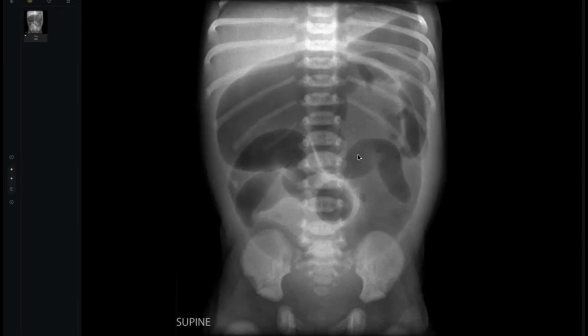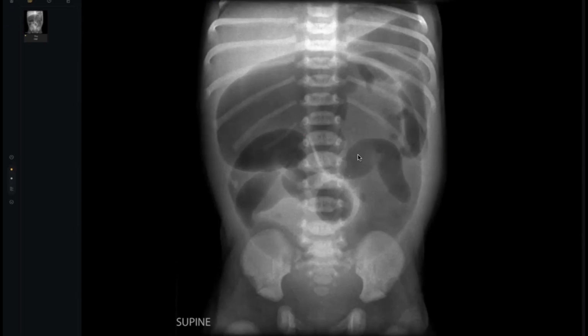Almost always the examiner will give you the correct history. He will tell you vomiting, so you must tell him, doctor, I have a doubt of upper GI obstruction. Or the examiner will guide you, doctor, the baby didn't pass meconium. So he is guiding you towards lower GI obstruction.